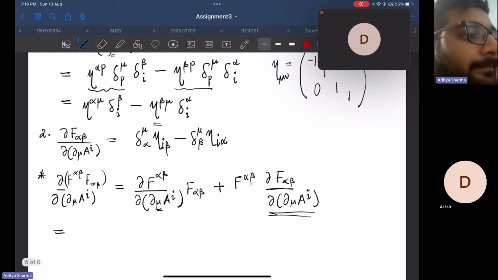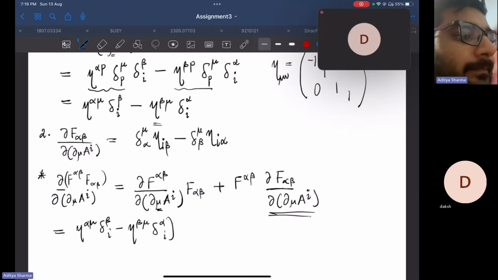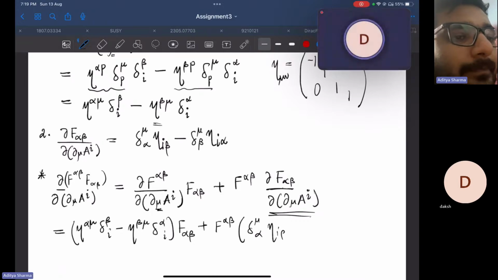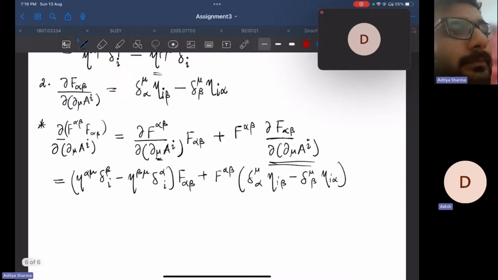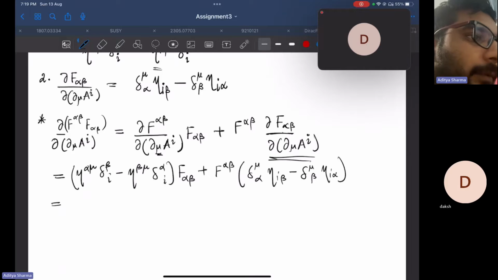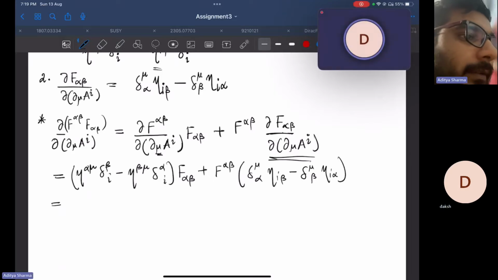The first part is mu delta beta I is delta beta mu delta alpha I is of alpha beta beta mu alpha beta I. So if you use it here, you'll have beta alpha mu.